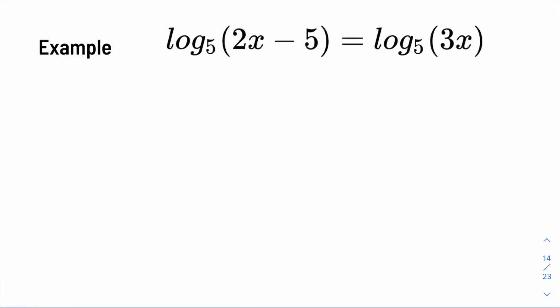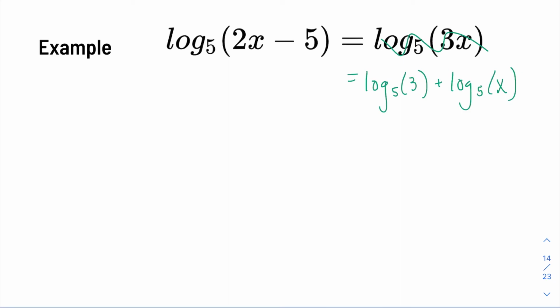All right, so looking at this problem, we already meet the requirements to use this property, right? It says log base 5 of 2x minus 5 equals log base 5 of 3x. I could rewrite this as log base 5 of 3 plus log base 5 of x, but then we would have to condense first, right?